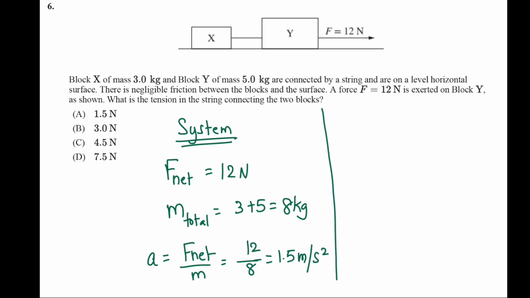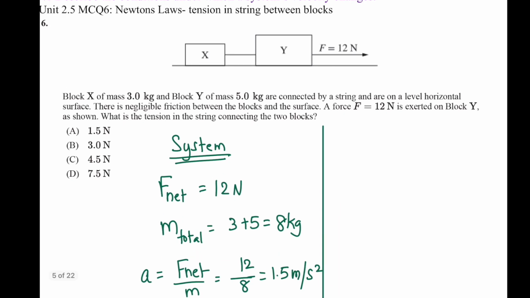Now why do we need to find the acceleration? Because acceleration is something which will be the same for X, Y and the system. They are all connected to each other. So it's a connected body system, and we'll have the same acceleration. Now to find the tension in the string connecting the blocks, I'm going to take X, because X has only one force acting on it, and that is the tension force because of this string.